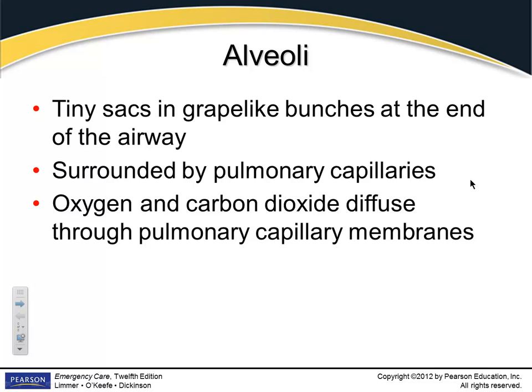I think I read somewhere that if you laid out all the tissue of all the alveoli, it would cover about 3 tennis courts. It's a massive amount of area used for gas exchange. That's important because later on we're going to talk about pathophysiology, disease processes in the lungs. So anything that interferes with that surface area on the alveoli, what's going to be the consequence of that?